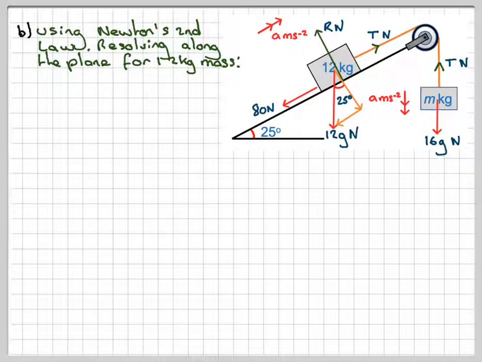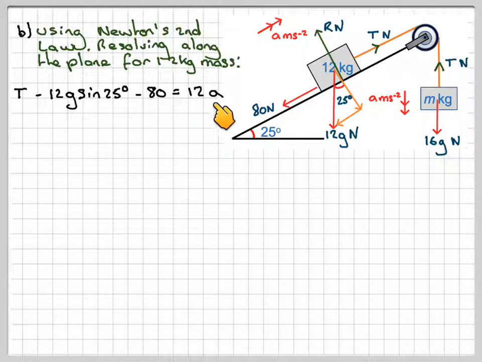So again, we're going to have T minus 12g sine 25 minus 80 is equal to 12a, using Newton's second law. Now we'll call that equation 1 because we've got two unknowns, so we'll need to find a second equation.